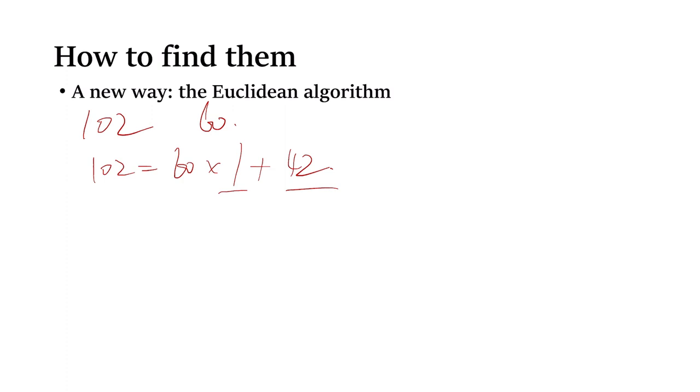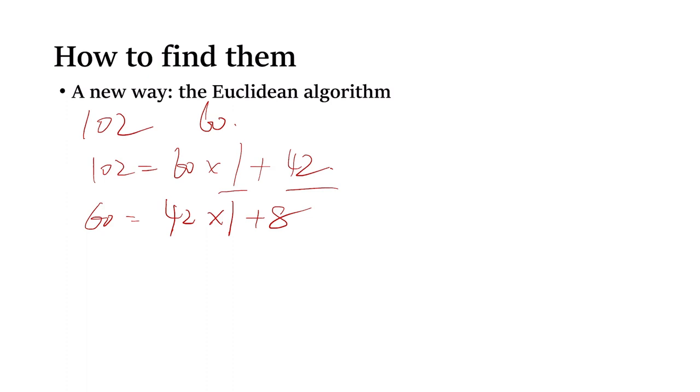Okay. So now let's begin this procedure. In the next step, A will be 60 and B will be 42. What does that mean? 60 equals 42 times 1 plus 18.